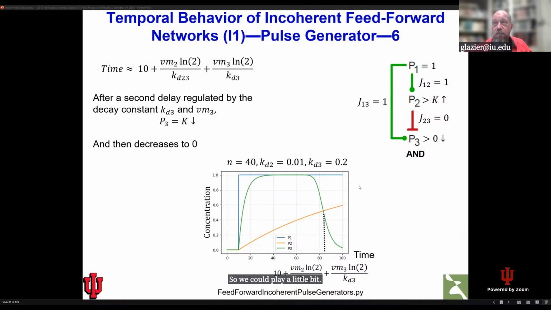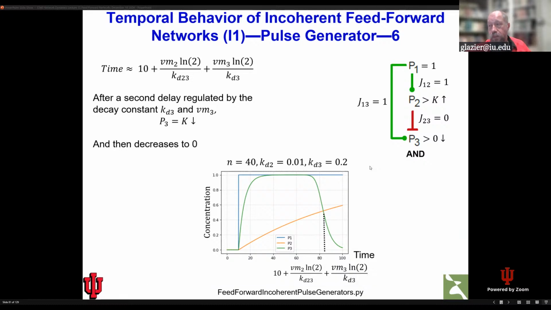But essentially what's happening is the following. P1 turns on P3 initially. It also starts producing P2, but initially P2 is low, so the inhibitor isn't doing anything. And then starting at time about 80, P2 gets to be bigger than half, and so it now turns off P3. So the direct route turns P3 on, and then the slowly developing P2 eventually turns P3 back off. So it's a pulse generator.